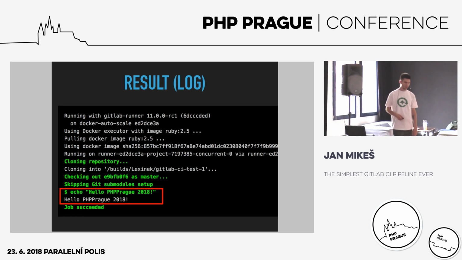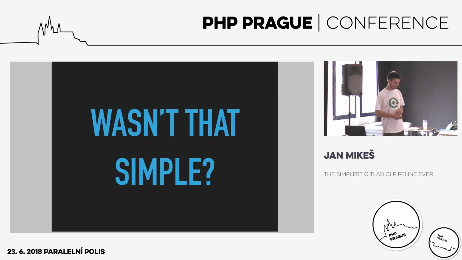And here is log of our job. And this is the desired message we wanted to see. And everything was cool and job succeeded. Yeah, that's it. So, was it simple? Cool. So, thank you for your attention.